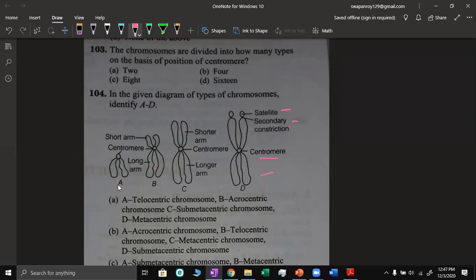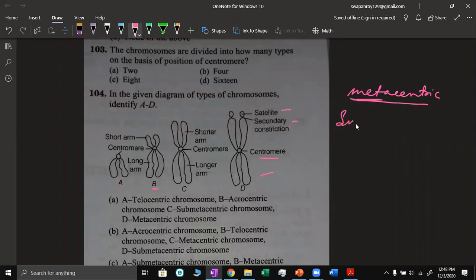So what is A, what is B? This is based on the morphology of the chromosome. Based on the position of the centromere, chromosomes are metacentric. Very easy to remember. Meta means the middle.